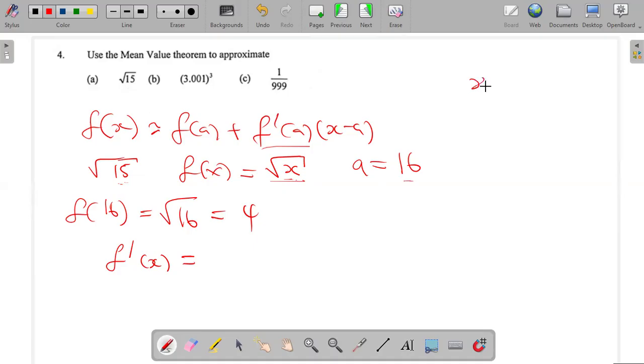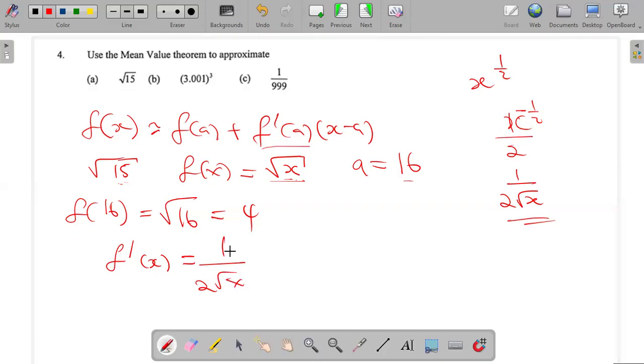That can be written as x to the power 1/2, so by the power rule I just subtract 1 from the power, and the negative makes it come down. Then you have 1/2 times x to the negative 1/2. So when I differentiate, I just get 1 over 2 root x.